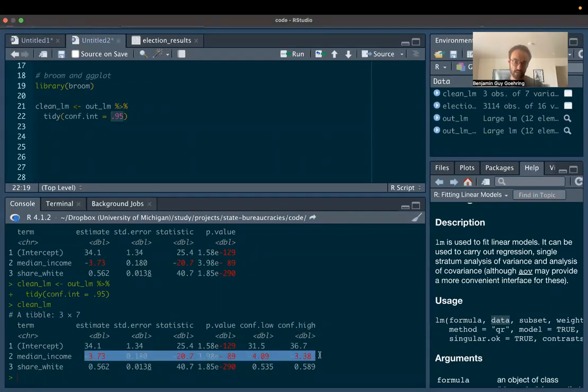This is saying here that if I did that 1,000 times, or sorry, not on average, 950 of those 1,000 times, my estimate of the coefficient on median income would be between minus 4.09 and minus 3.38.